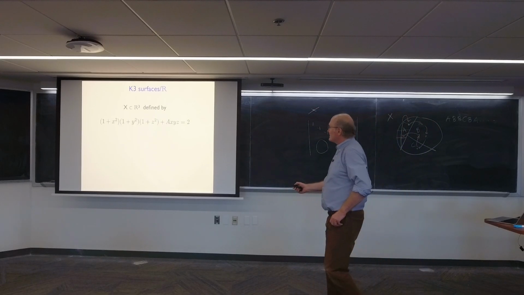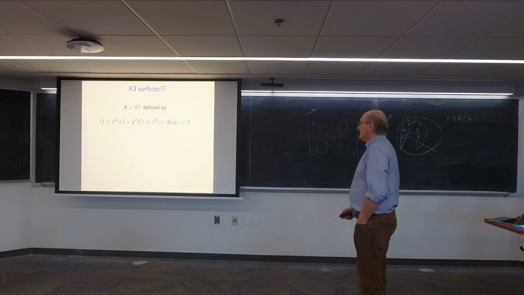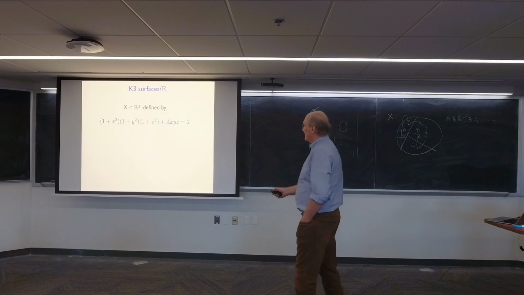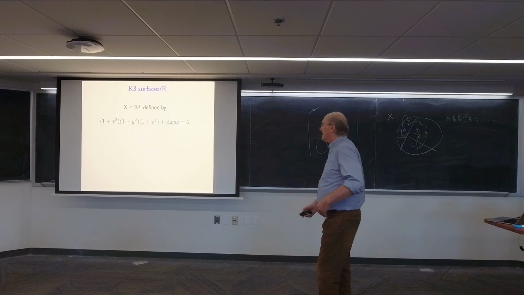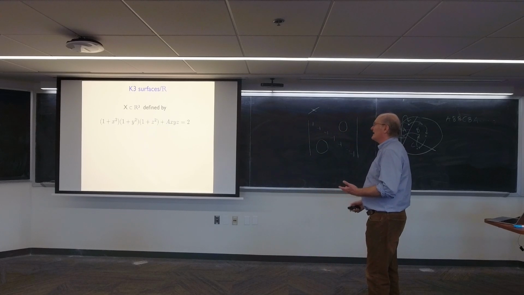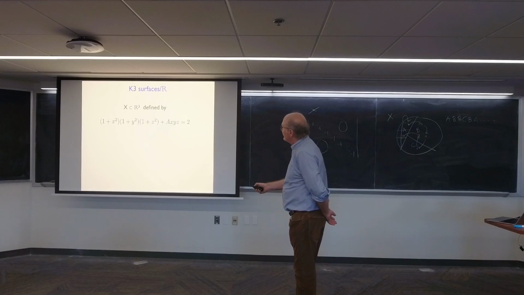So here's a very specific family of K3 surfaces that Barry Mazur explained to me. They're given by this equation in 3 variables. It looks like this equation has high degree 6. But what's critical is it's of degree 2 in each variable individually.